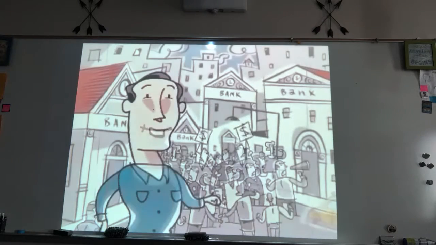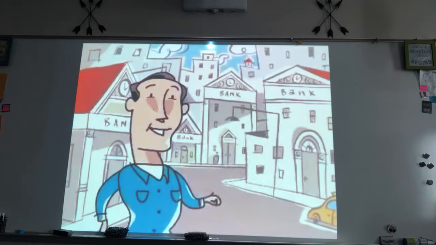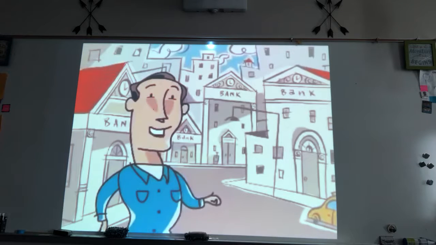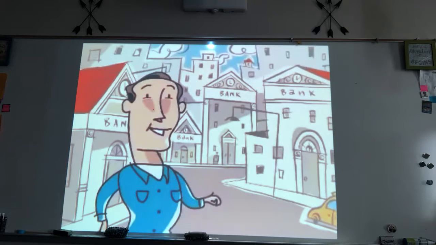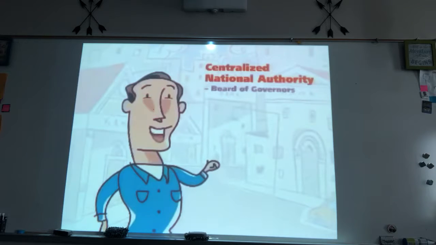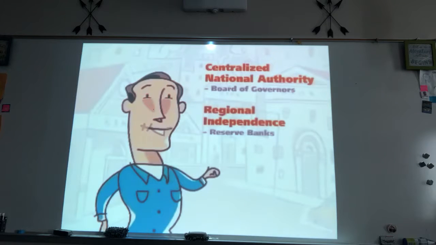This function would go a long way in establishing confidence in the banking system and more stability in the economy overall. Another goal of the Fed was to improve the efficiency of the national payment system by making it easier for payments, mostly checks, to be exchanged through different parts of the country. To achieve these goals, the Fed, then and now, combined centralized national authority through the Board of Governors, remember that on the map, with a healthy dose of regional independence through the Reserve Banks.